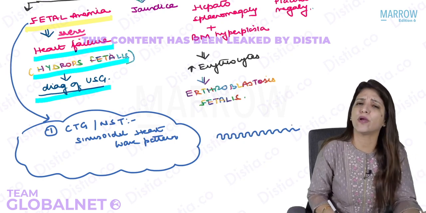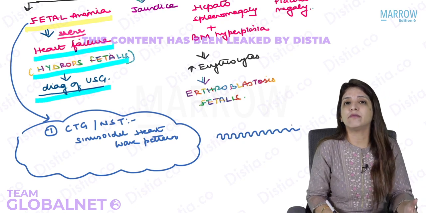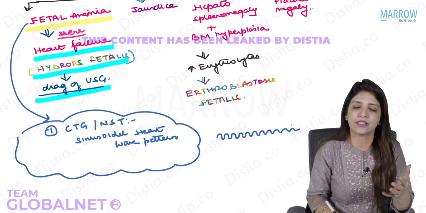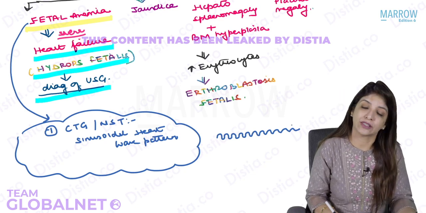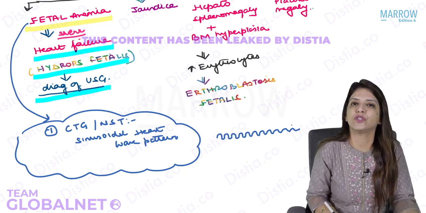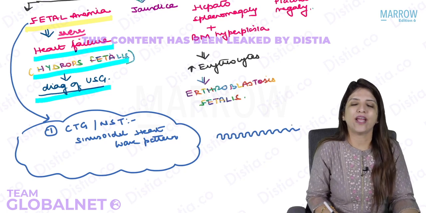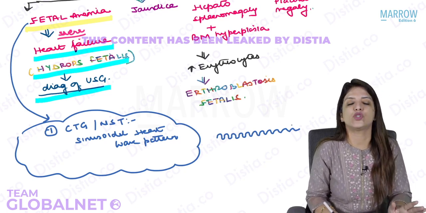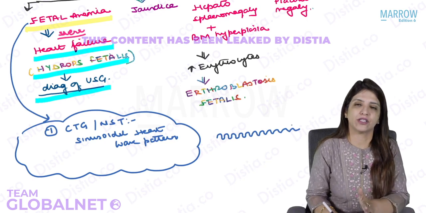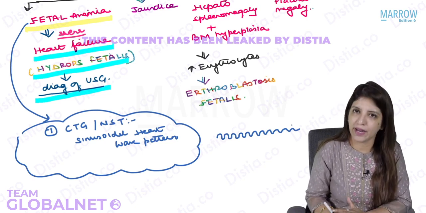That anemia can be due to any reason: Rh negative isoimmunized pregnancy, vasa previa, or twin-to-twin transfusion syndrome, right? So anemia in the fetus due to any cause will lead to a sinusoidal heart rate pattern on CTG or NST.